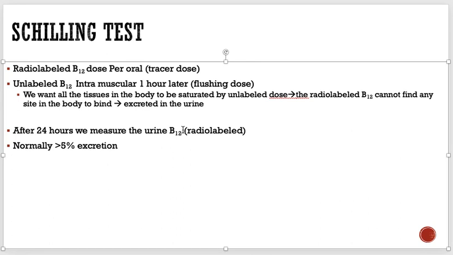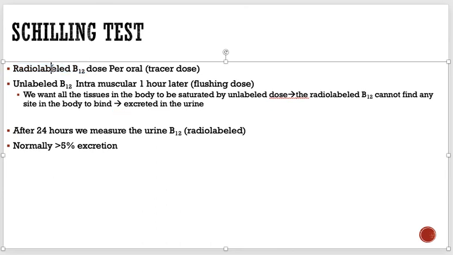Now, we can only see this excretion if the deficiency of vitamin B12 is due to dietary causes. See, why? What will happen if there is no intrinsic factor? Can it be absorbed? No. Can it appear in the urine? No. In case of malabsorption, can it be absorbed?